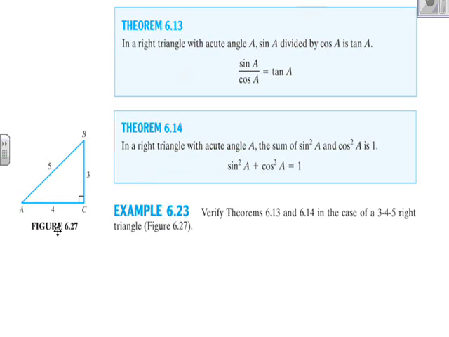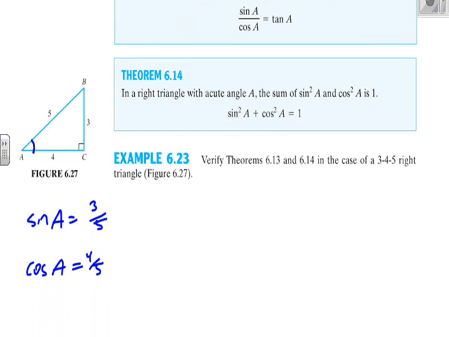If we pick an angle, angle A, sine would be opposite over hypotenuse, 3/5. And cosine of that angle would be adjacent over hypotenuse, 4/5. And tangent would be opposite over adjacent, 3/4.